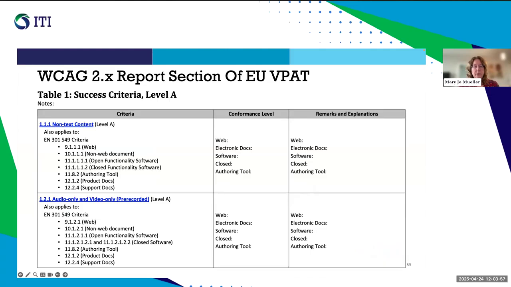In this example, the WCAG criteria for 1.1.1 non-text content and 1.2.1 audio only and video only pre-recorded reference the corresponding EN 301549 clauses, and the conformance level and remarks and explanations columns include categories for web, electronic docs, software, closed functionality, and authoring tools. This makes it easy to report the WCAG conformance results for these aspects of your products in one table.